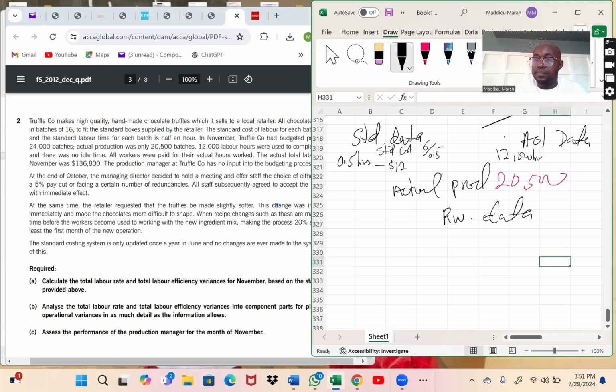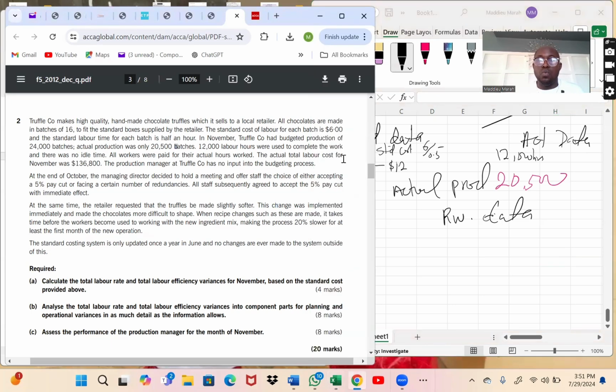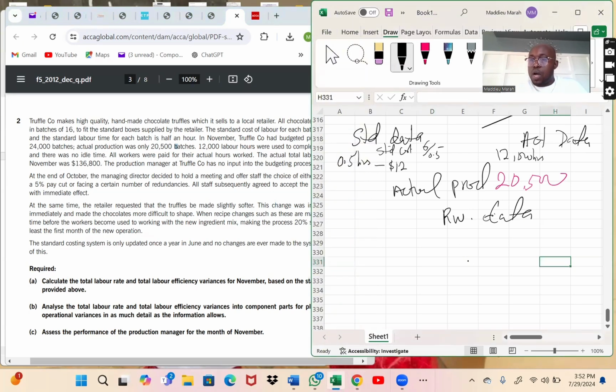And there was no idle time, okay? All workers were paid for their actual hours worked. The actual total labor cost for November was 136,800. So the actual labor cost.